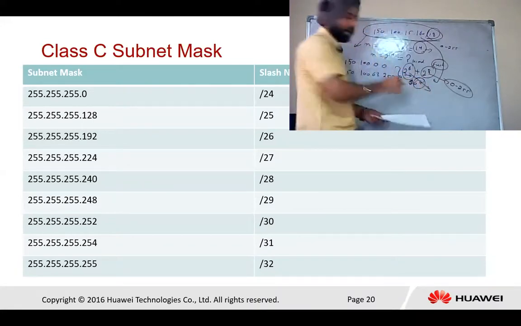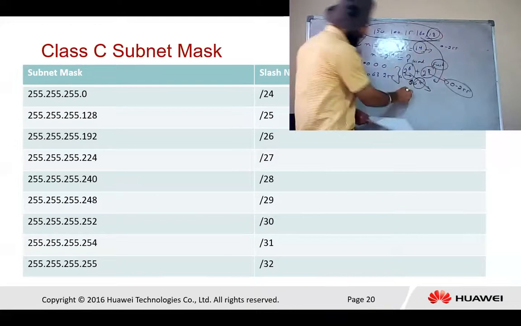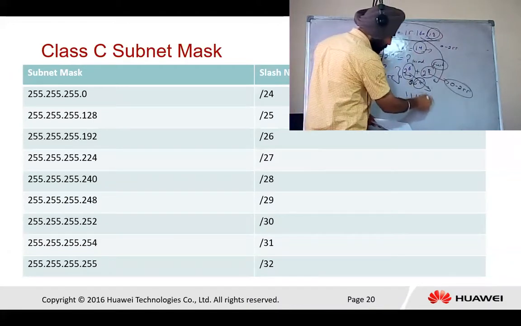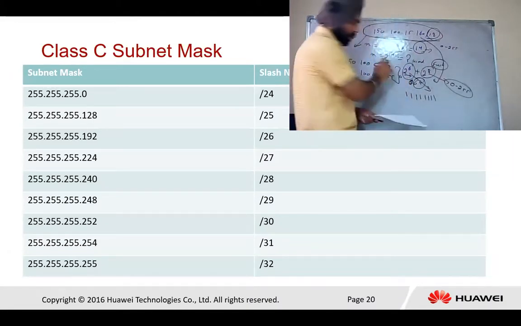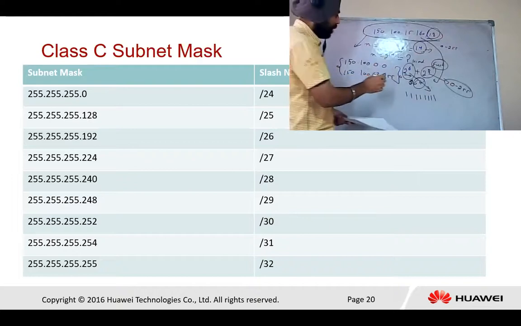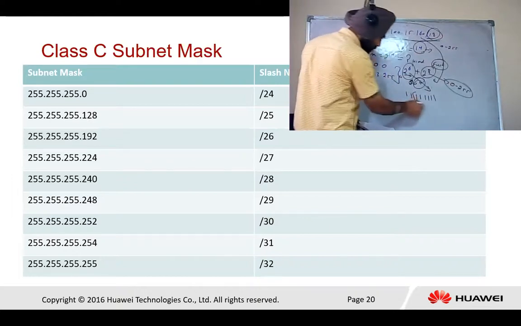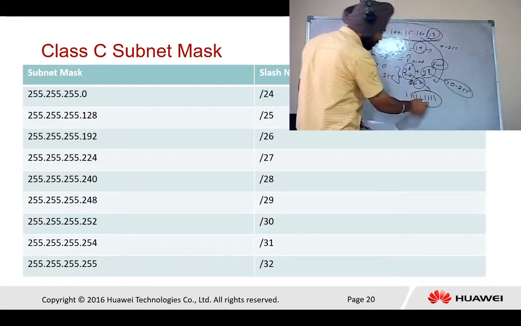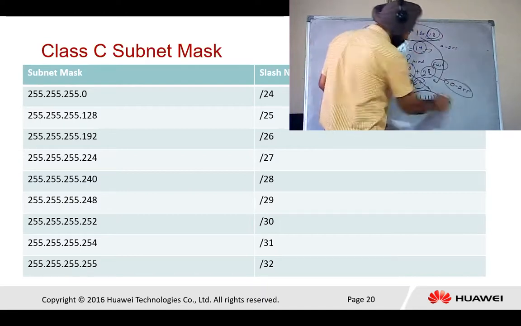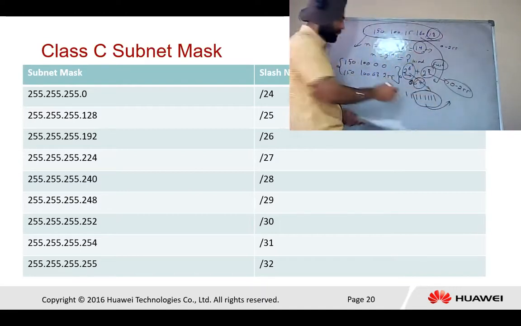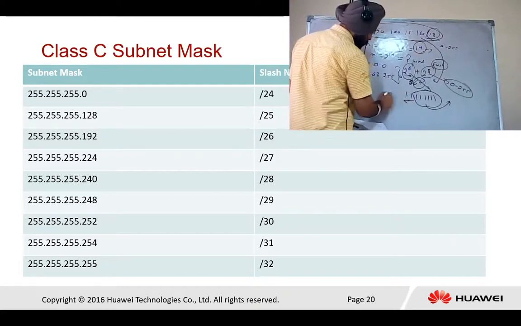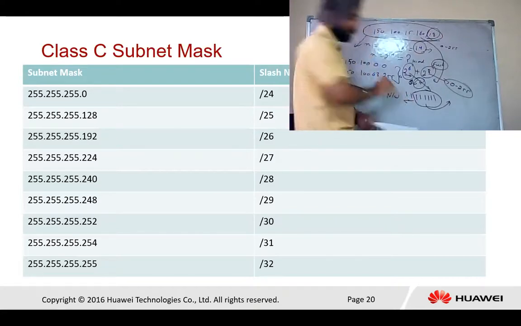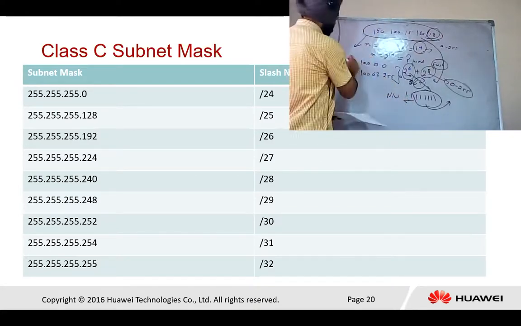Means we have 8 bits in the second octet. So the first 6-bit value goes to the given IP address, and the other 2 go to the network address. So this one is the first block value.